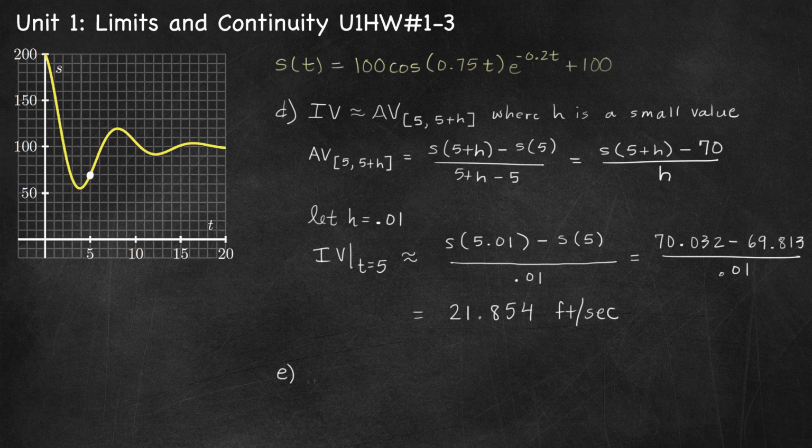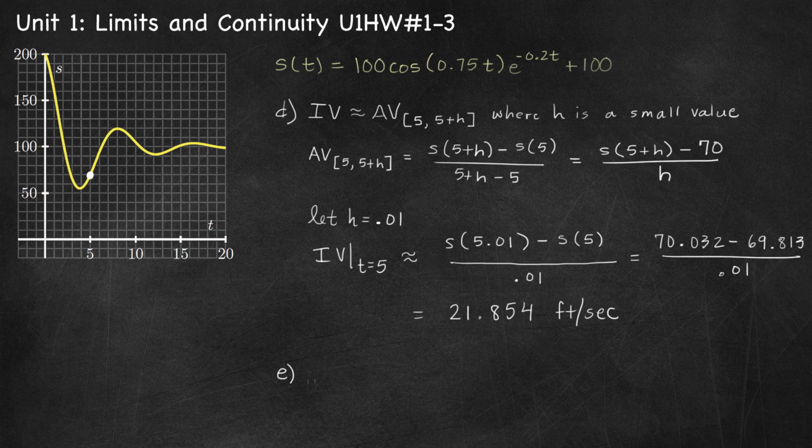Then part E, among the average and instantaneous velocities you computed in earlier questions, which are positive, which are negative? What does negative velocity indicate? The only positive value we computed was for this instantaneous velocity at t equals 5. All of our average velocities that we computed in part B were negative.